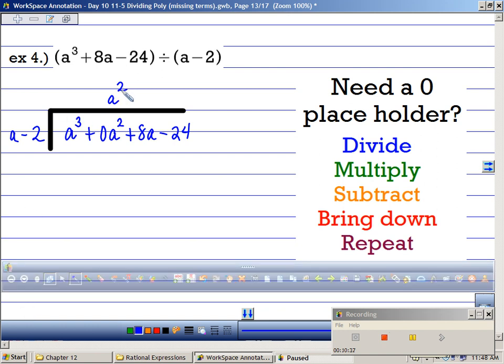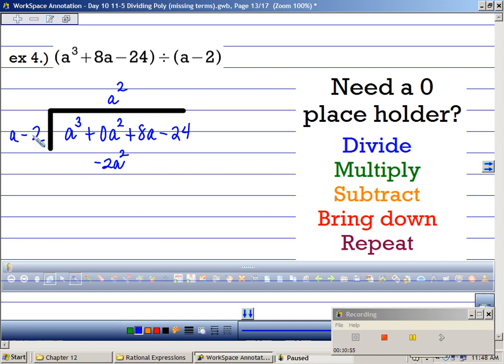So a cubed times what? That times, you do the ones place first, right? Times it by -2, which is -2a squared.